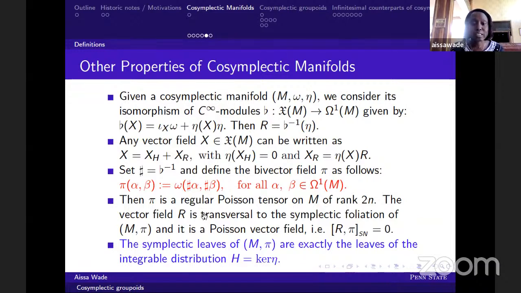The Reeb field is always transversal to the symplectic leaves, and the Reeb field also is a Poisson vector field. In fact, the symplectic leaves are exactly the leaves of this distribution, which is integrable because eta is closed.